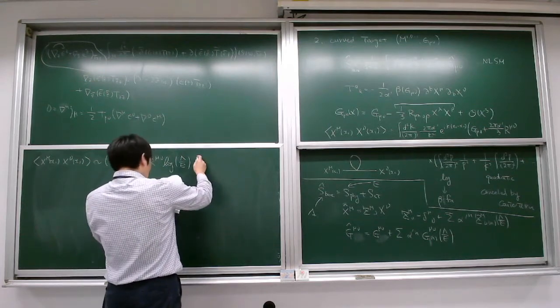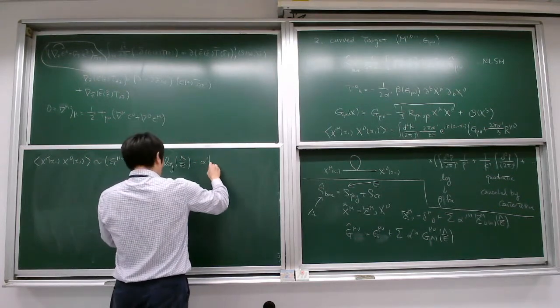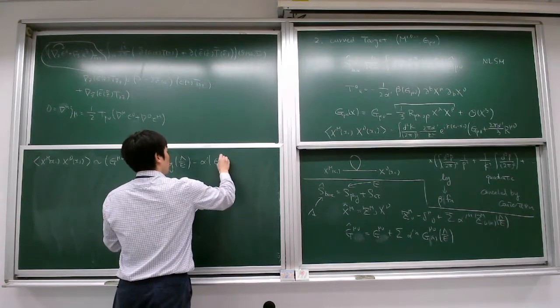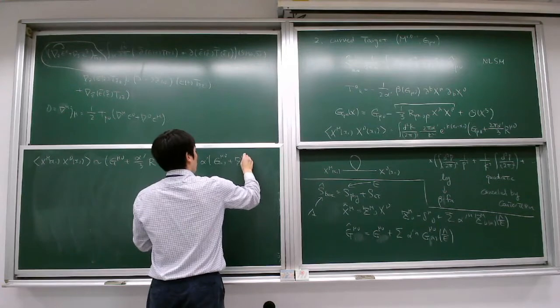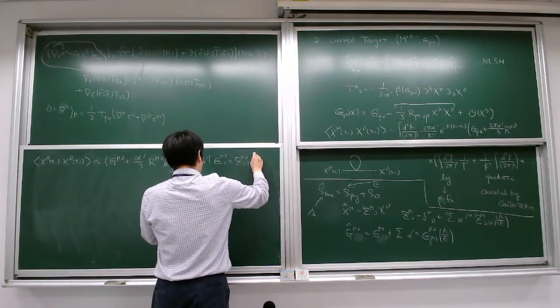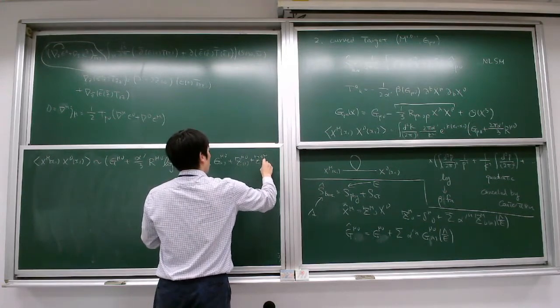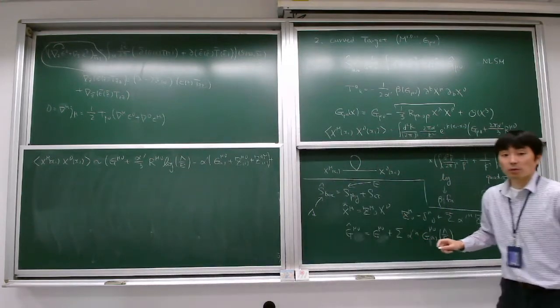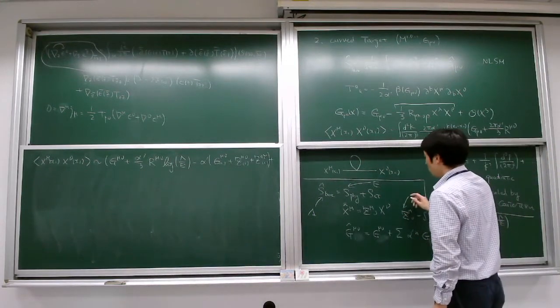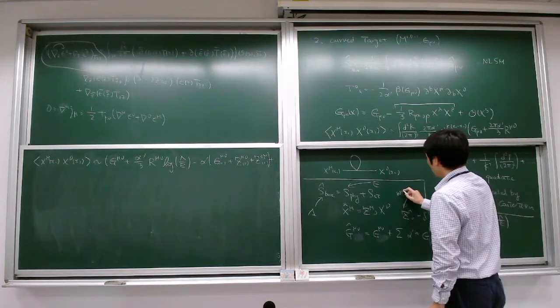There's a contribution coming from the counterterm, which is delta_{mu nu} plus Z_{mu nu}. This Z is called the wave function renormalization.